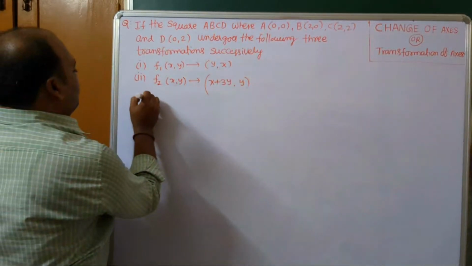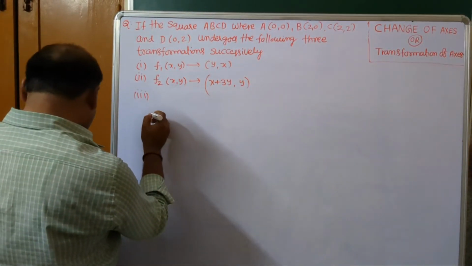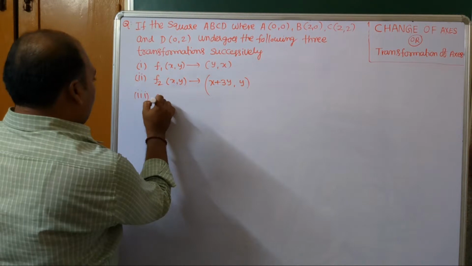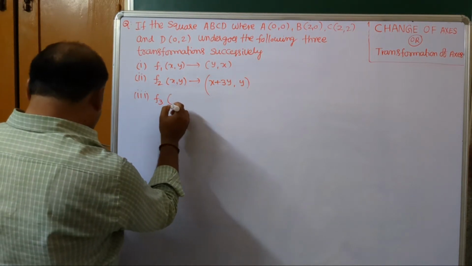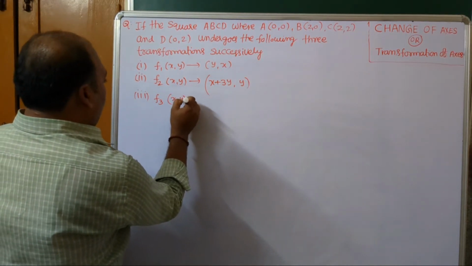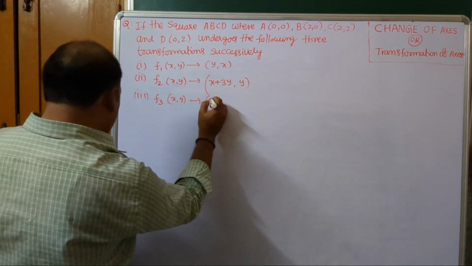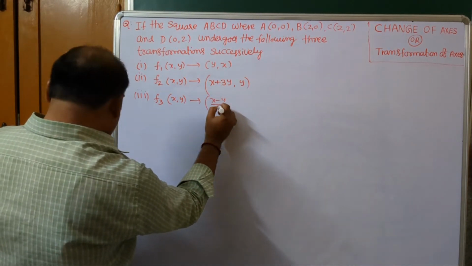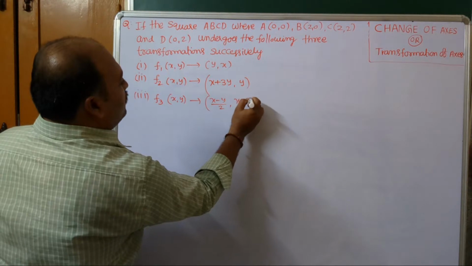Third transformation, f3 of x comma y transforms to x minus y by 2, x plus y by 2.